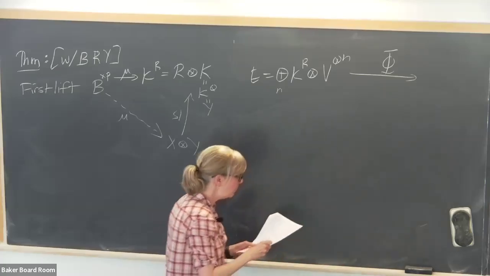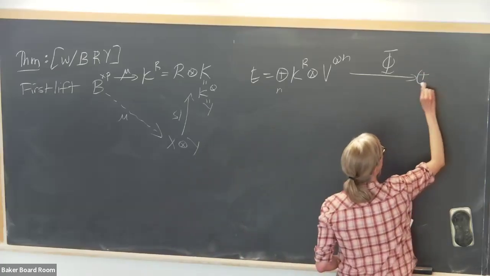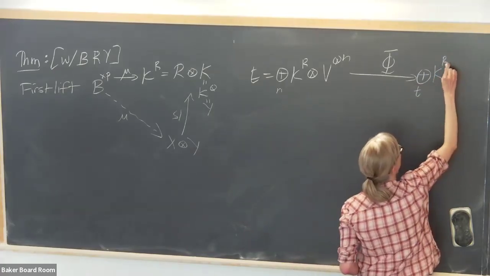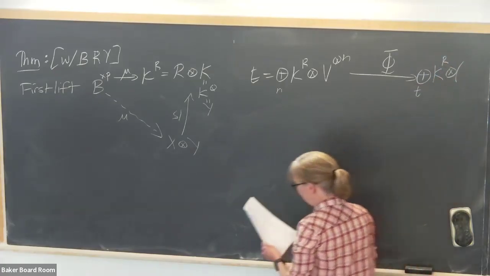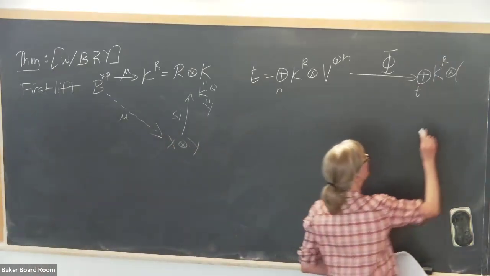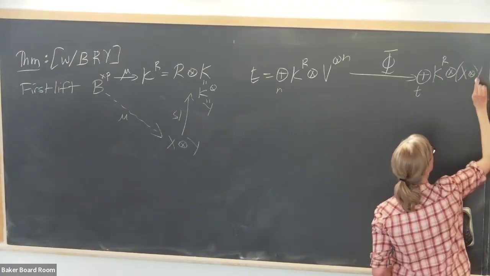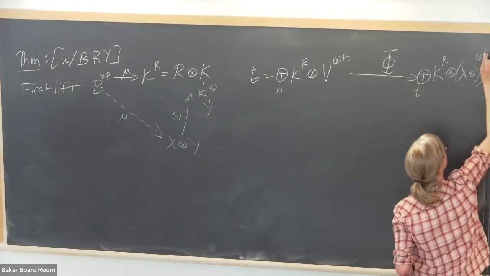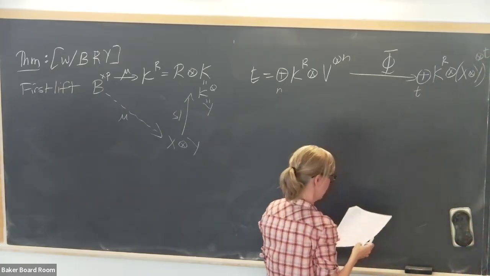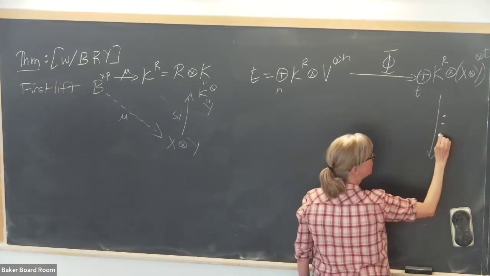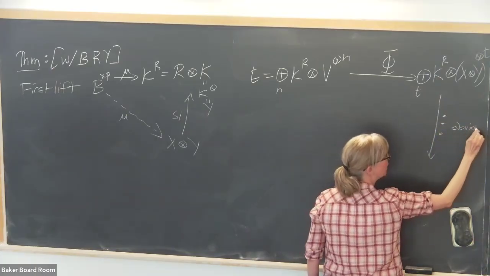There's a map phi, which I'll describe in a second, to the direct sum over all T of the Koszul complex on R, tensored, and now we lifted the Massey operations to here, X tensor Y, a bunch of times, so tensored up T times. Okay, and then there are some obvious maps here that I'm not writing down.